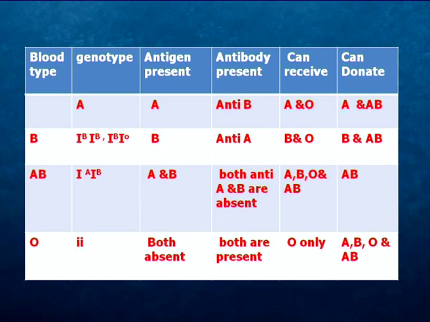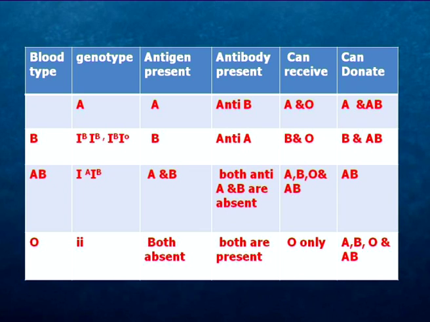Then to whom can a B group person donate his blood? He can donate his blood to AB and his own group. He can receive blood from his own group and O.